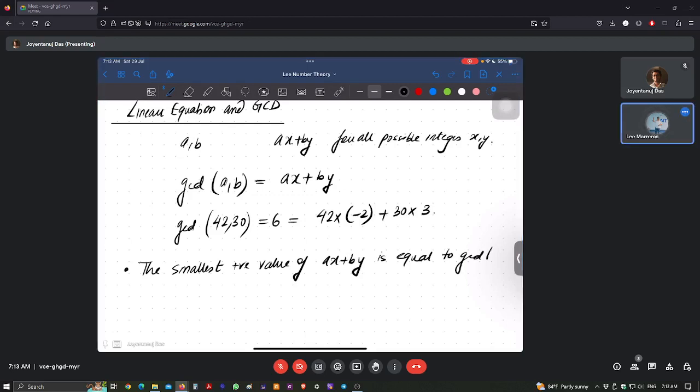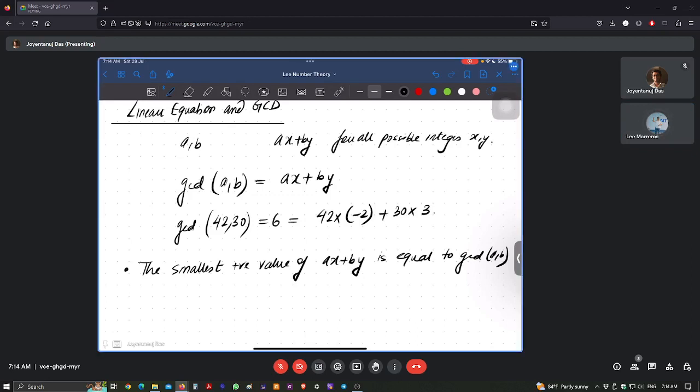The smallest positive value of ax plus by, that would be the GCD. What do you mean by varying? Varying x and y through all the integers. Okay, integers. Got it.